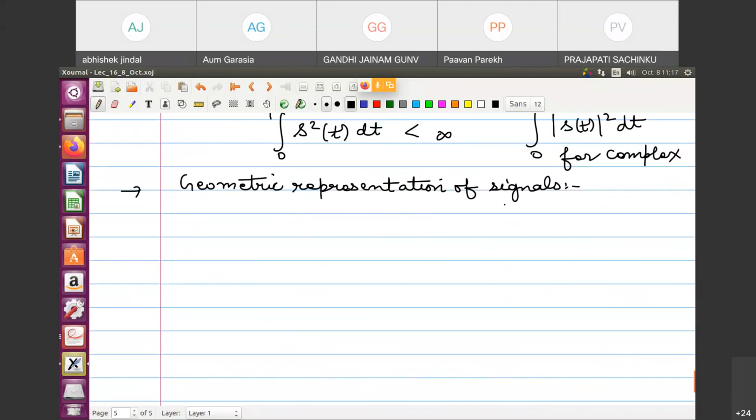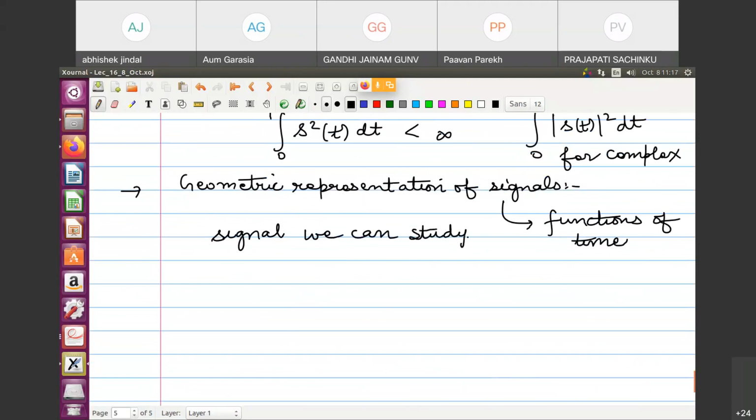Until now we knew that signals are functions of time. But now we are talking of geometry. It means signals we can study as we study things in geometry.